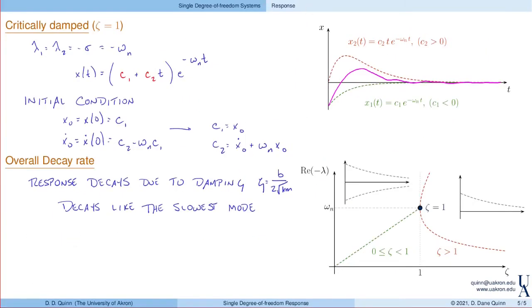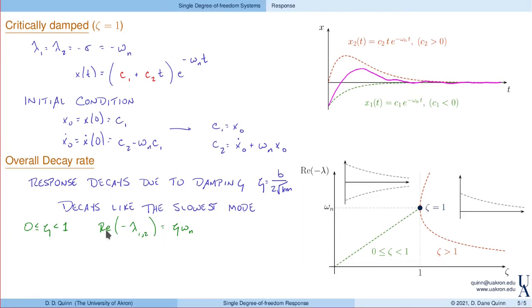So if we have an underdamped system, so again, that's going to be zeta between 0 and 1, then the real part of these values of lambda is simply zeta omega n. So when I go and plot that, again, we're just looking for zeta between 0 and 1.